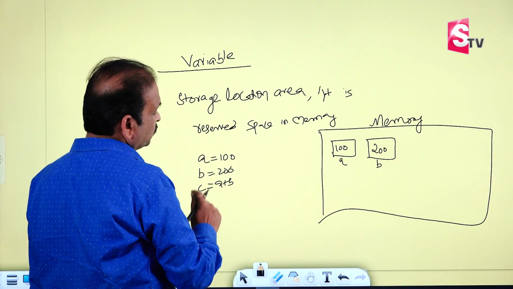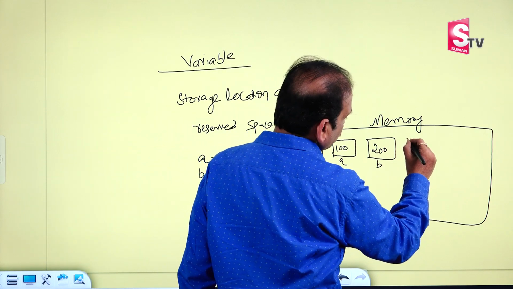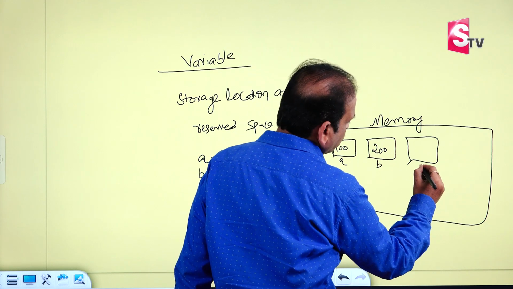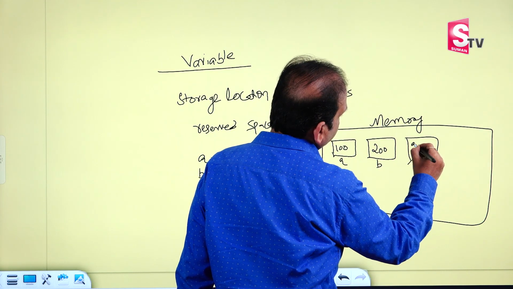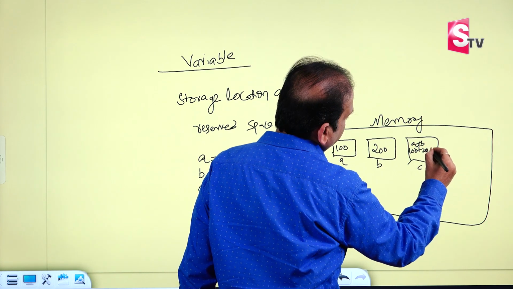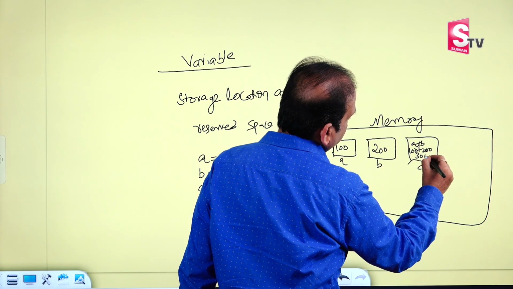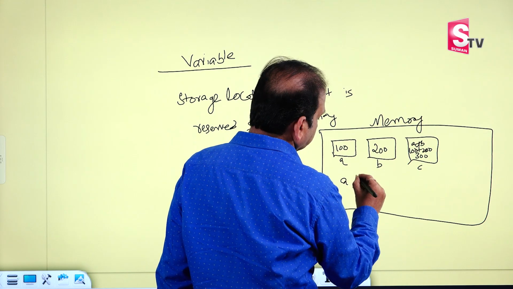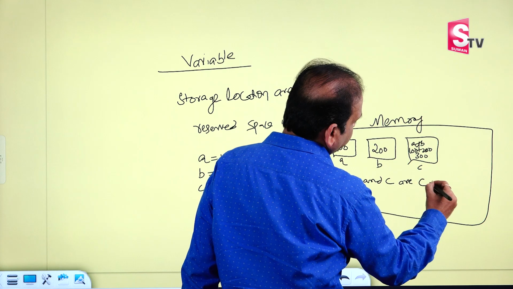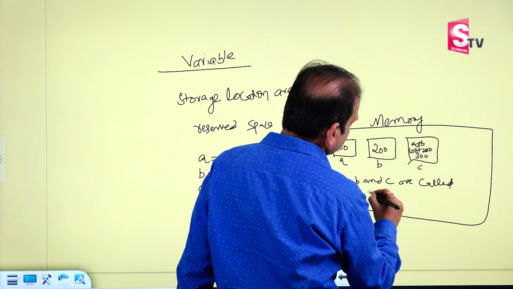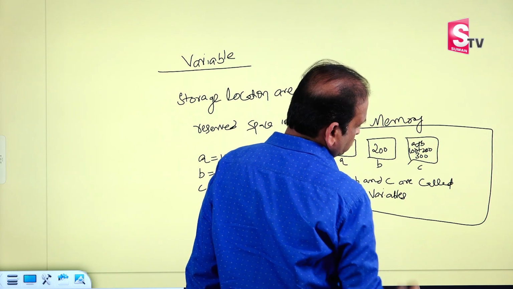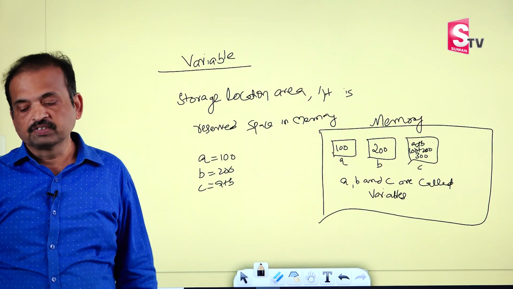And when C equals A plus B, one more block is created. The name of this block is C, and it stores A plus B, which is 100 plus 200, that is 300. So A, B and C are called variables. This is the variables concept.